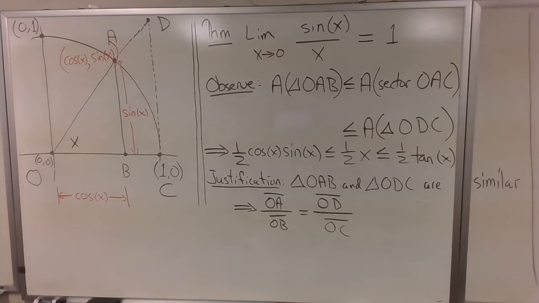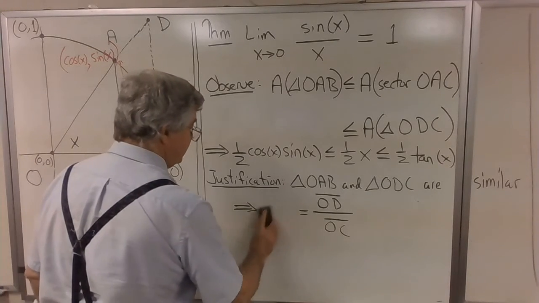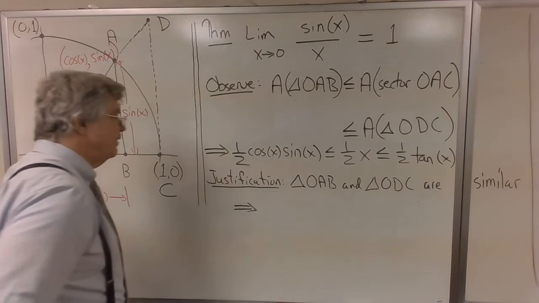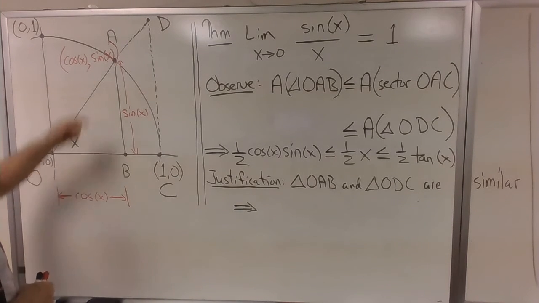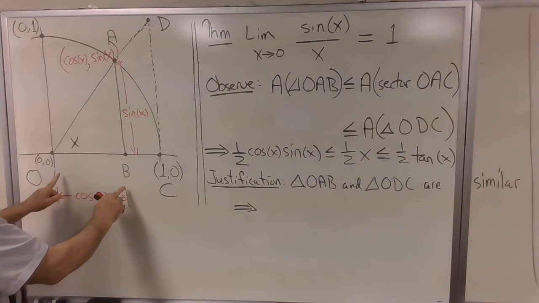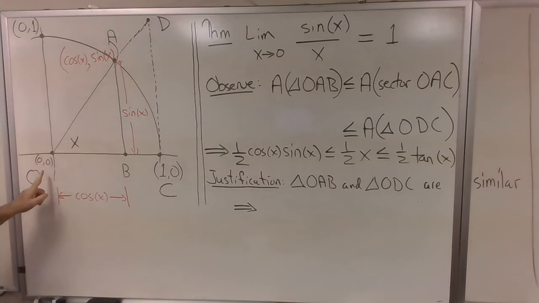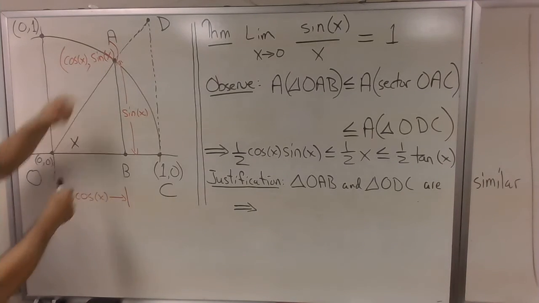And you know what? I don't want to do this. Oh, forgive me, please. I do want to do similar triangles, and I do want to use those two triangles, but I don't want to use the hypotenuse. What I want to use is the vertical leg and the horizontal leg. Triangle OAB. The vertical leg is AB.